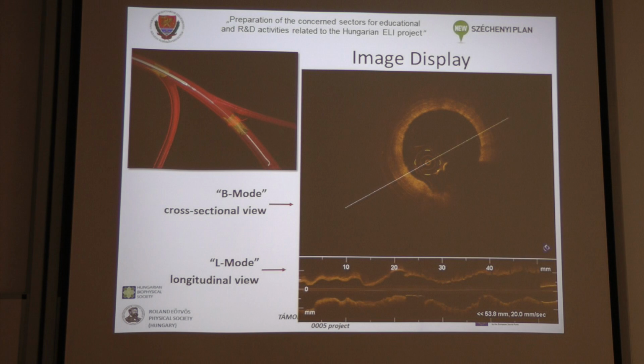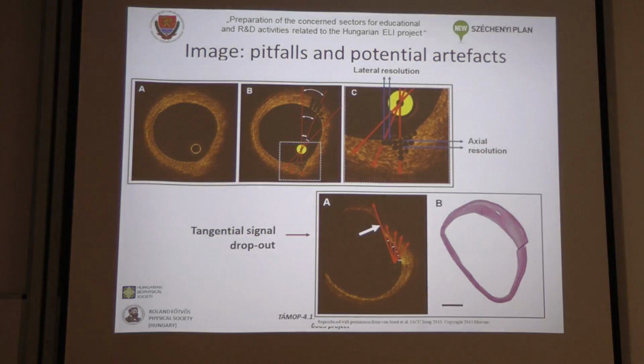So this is the so-called longitudinal view. This is the cross-sectional view, and this old IVUS machine used to call it B mode.